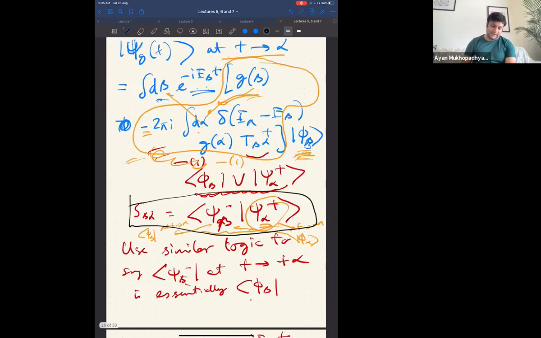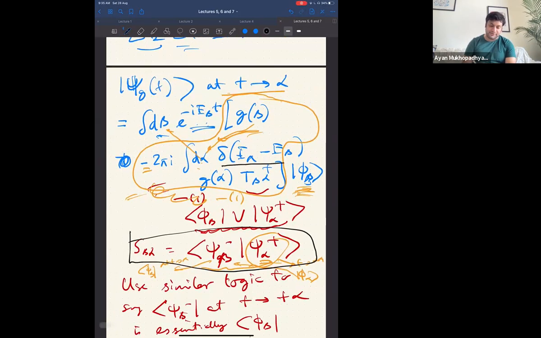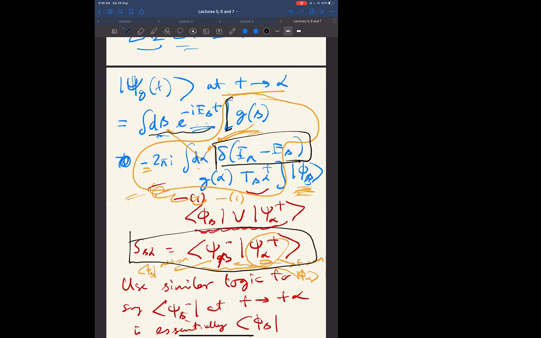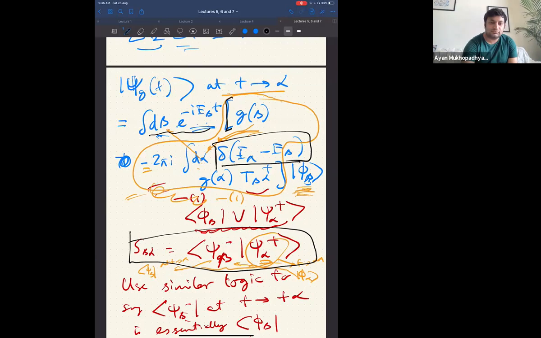So as t goes to infinity, only then do you have energy conservation, and momentum conservation is always there because the interactions conserve momentum. What I've done here is simply insert a complete basis of states, because at very late time, you start with some wave packet and the out state would also be a free wave packet.